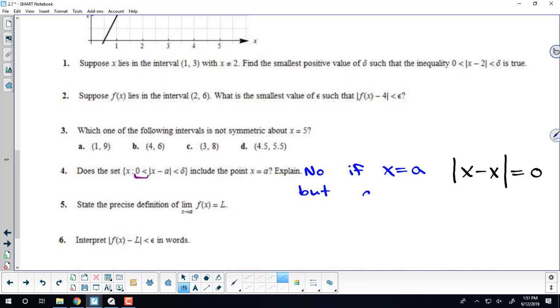But in our definition, it says that the absolute value of x minus a, we'll just look at that piece, not the delta part, is strictly larger than 0. It can't be equal to 0.